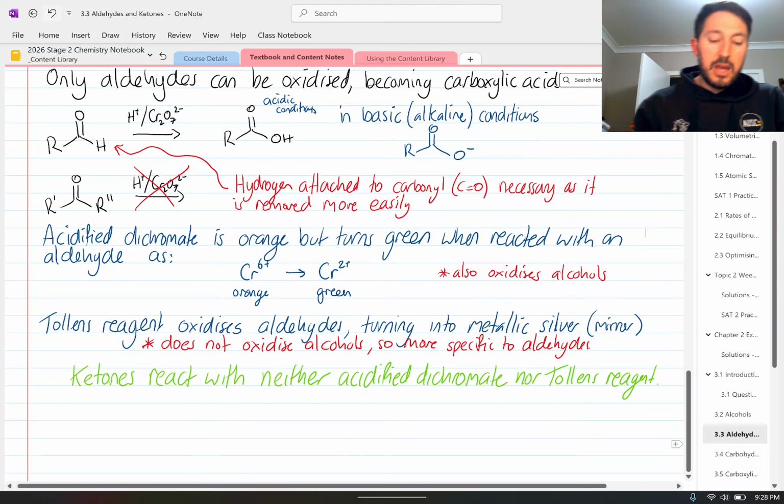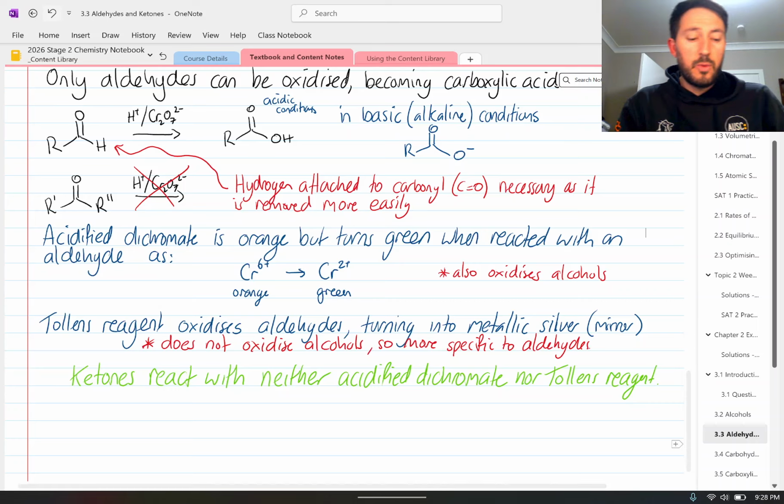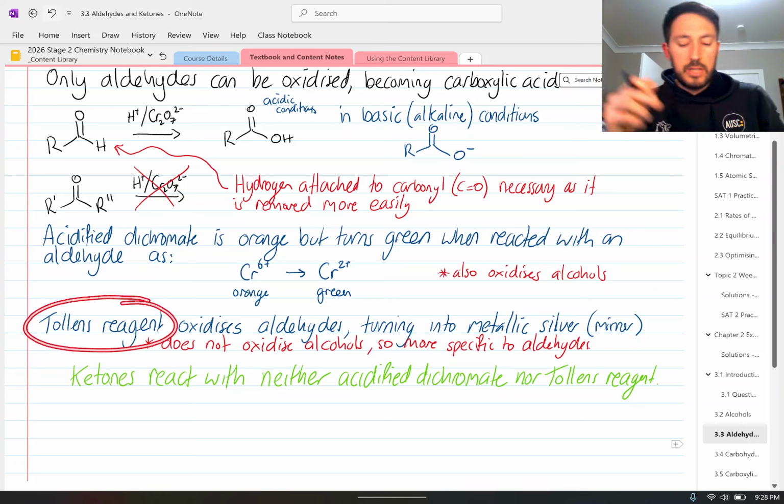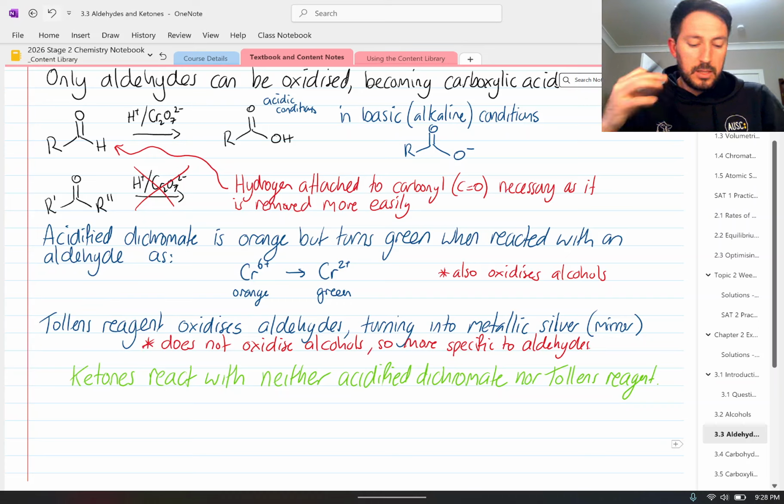we have another way of being able to identify whether we have an aldehyde or a ketone, and that is something called Tollens reagent. Tollens reagent is a mixture which includes silver ions, and when it reacts, the silver will reduce from a positive ion into metallic silver.